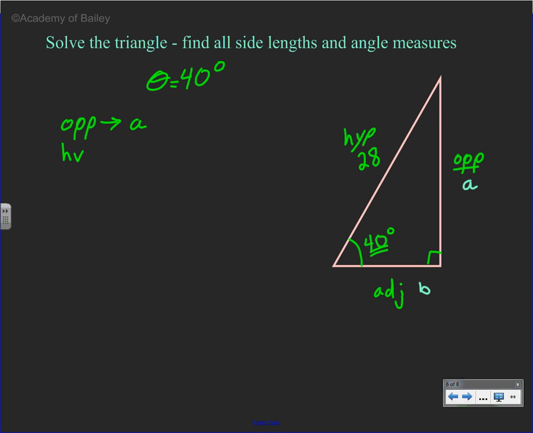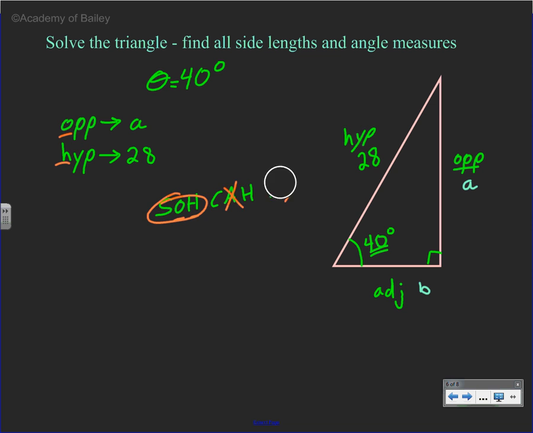We have the hypotenuse. We know what its measurement is. And we know theta is 40. So we're trying to figure out which trig function we will be using. So O and H. We're probably using sine, because cosine needs the adjacent, and tangent also needs the adjacent leg.